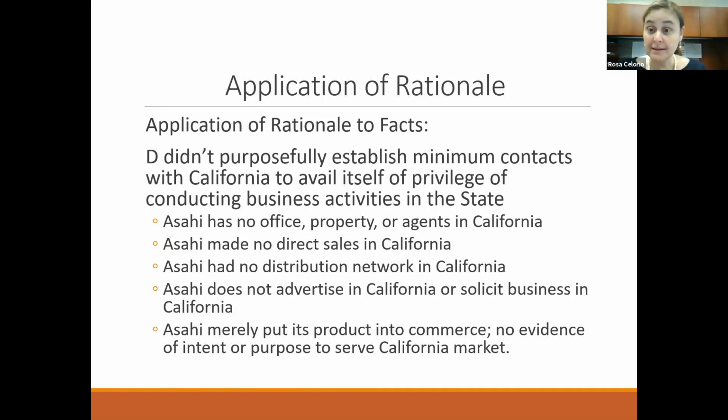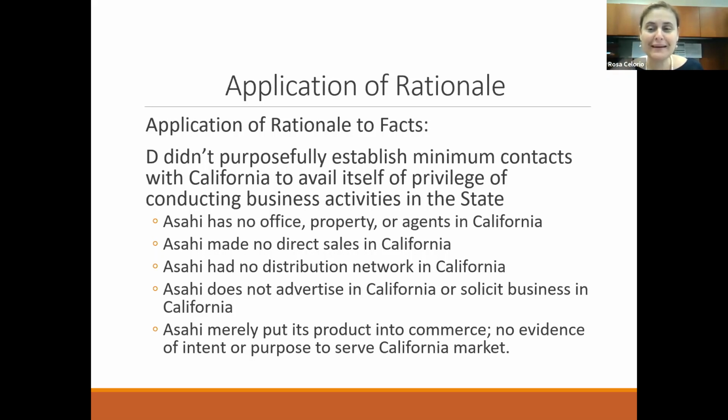Asahi has no office, property, or agents in California, made no direct sales in California, had no distribution network in California, does not advertise in California or solicit business in California, and Asahi merely put its product into commerce. No evidence of intent or purpose to serve the California market. So when you are doing your case brief, it's a good idea to capture this because this is what happened in the Asahi case, right? And this is part of the rationale that you would apply to different cases.